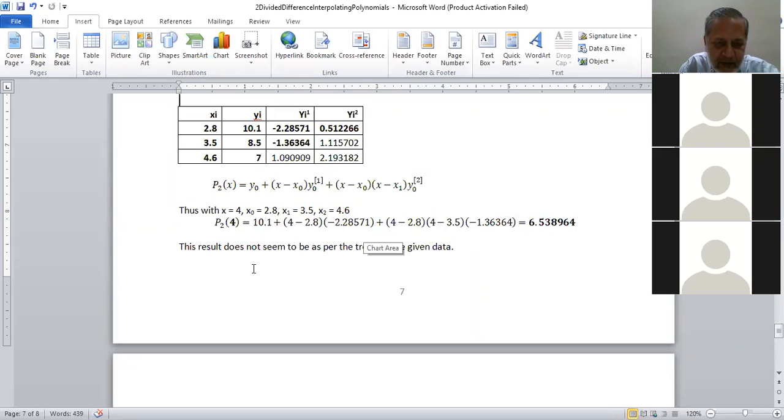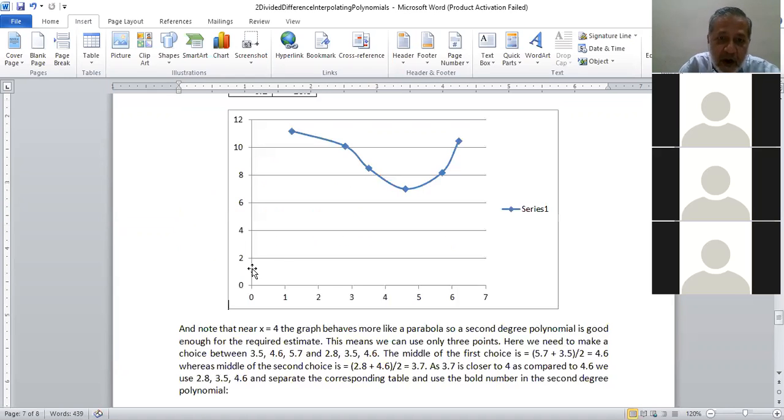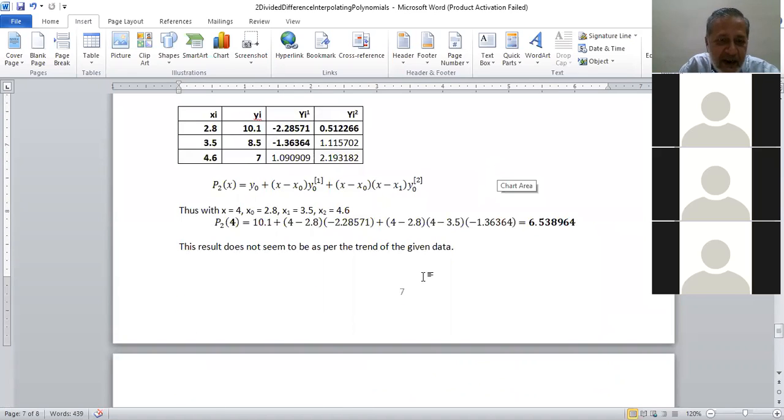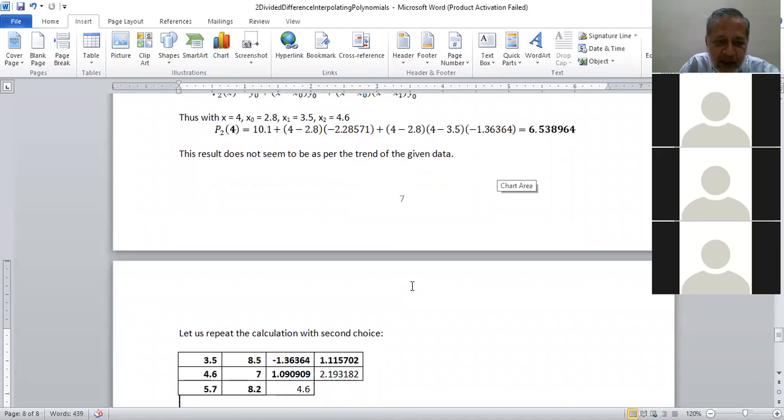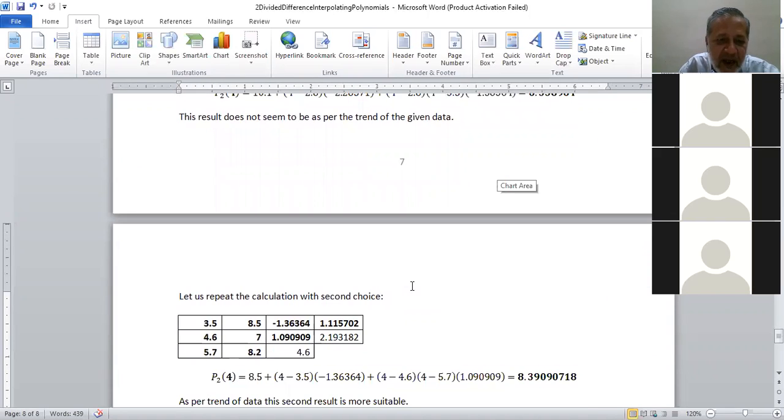So which 3 points you have to use make a difference. That according to the scatter of the data, you get values in between or values outside. So second degree is not a good choice, and we repeat the calculation with second degree approximation, लेकिन अगले 3 points इस्तेमाल करके, and that's a better result.